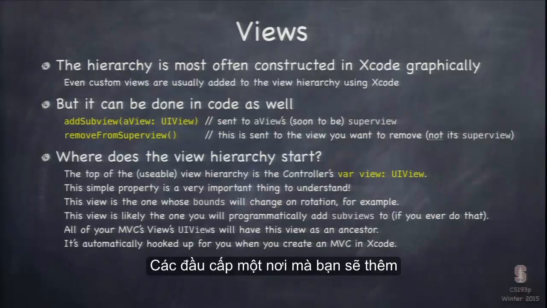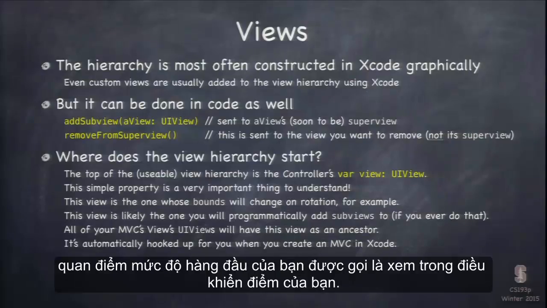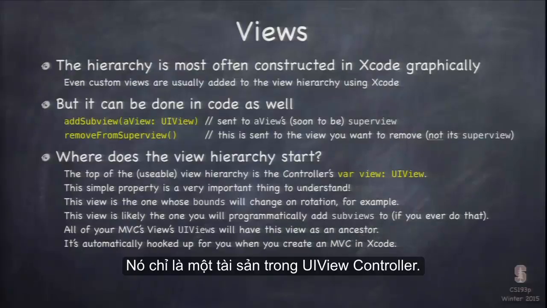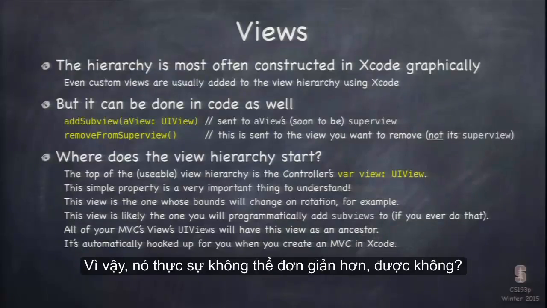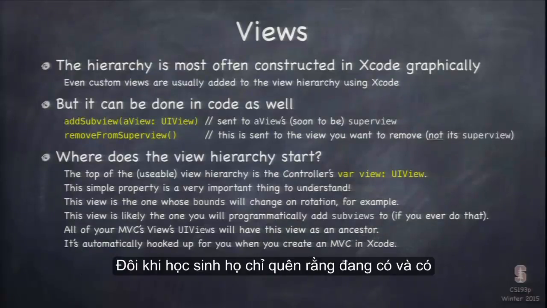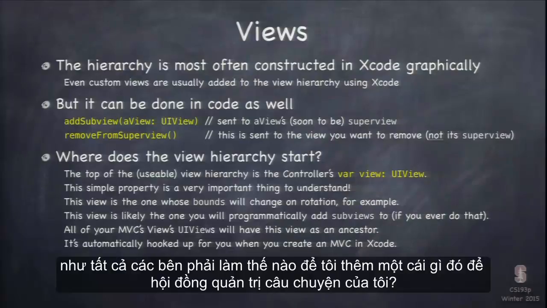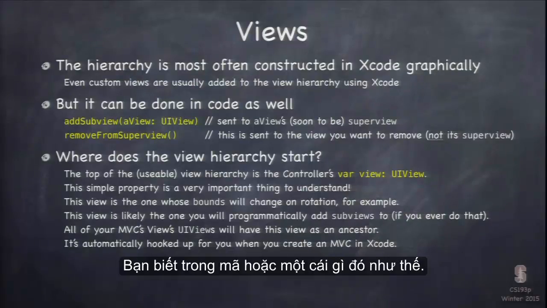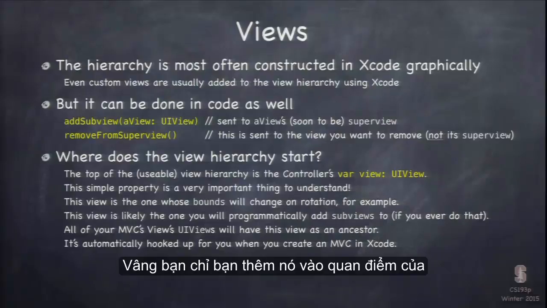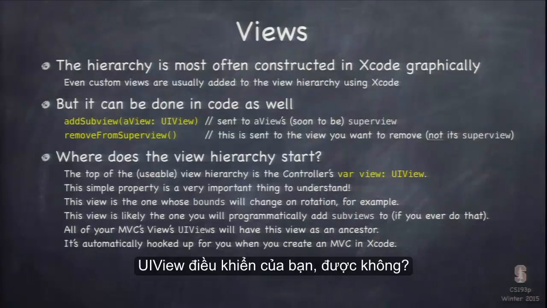The top level one, the place where you're going to add your top level views, is called view in your view controller. It's just a property in your view controller. So it really couldn't be simpler. Okay? But sometimes students just forget that that's there, and they're like, oh, how do I add something to my storyboard, you know, in code or something like that? Well, you just add it to the view of your UIViewController.